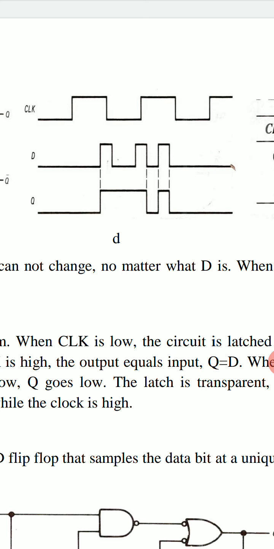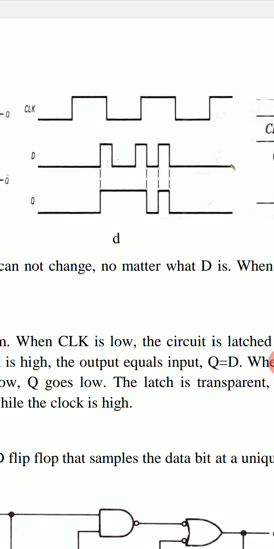Now clock goes to low and this D goes to low. D goes to low, but Q did not go to low. It is high because at this instant the clock voltage is 0.